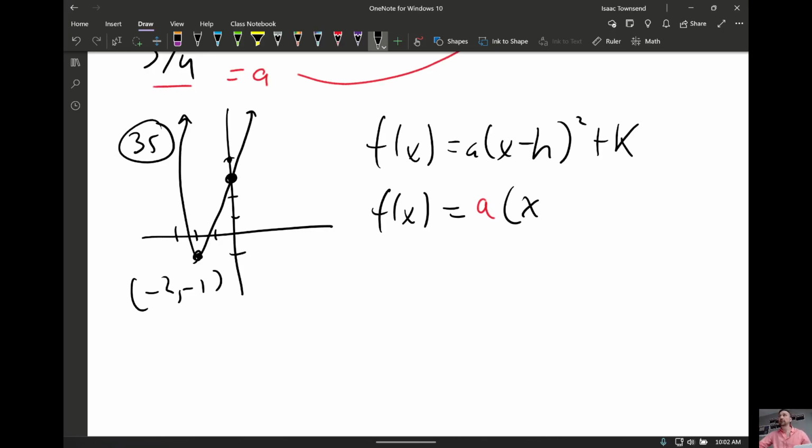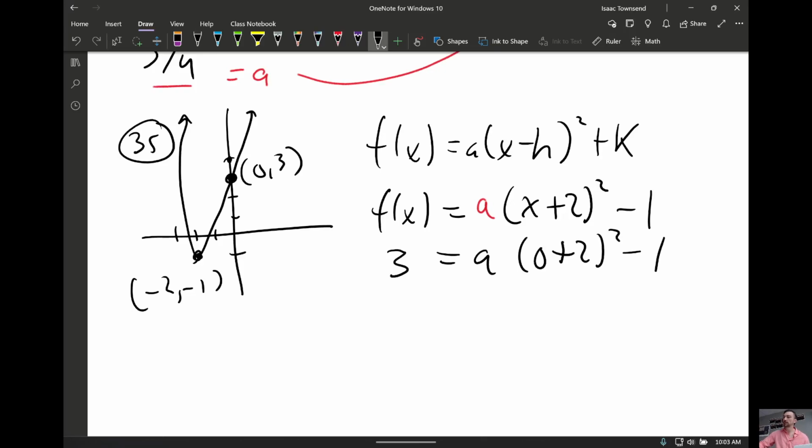So if h is -2, this becomes x minus -2, or x + 2. And then k is out here. Remember, the opposite of this, not the opposite of this, is supposed to give you your vertex. Then the only thing keeping me from circling this as my answer is I don't know how big a is. But they do give you another point. So just like the last question, you can temporarily plug in that x and that y to solve for a.